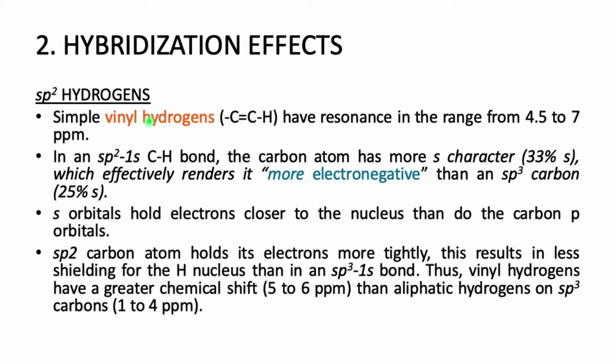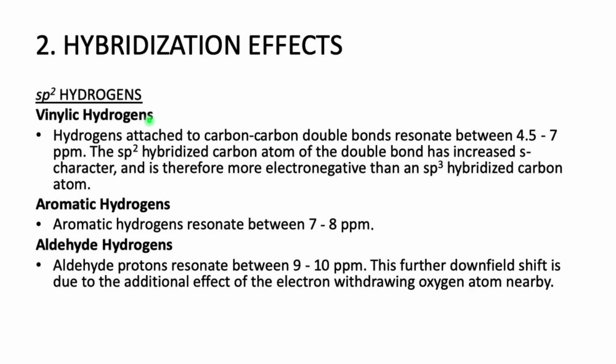Coming to the vinylic hydrogens, hydrogens attached to a carbon-carbon double bond resonate between 4.5 to 7 ppm. The sp2 hybridized carbon atoms of the double bond have increased s character and are therefore more electronegative than the sp3 hybridized carbon atom.